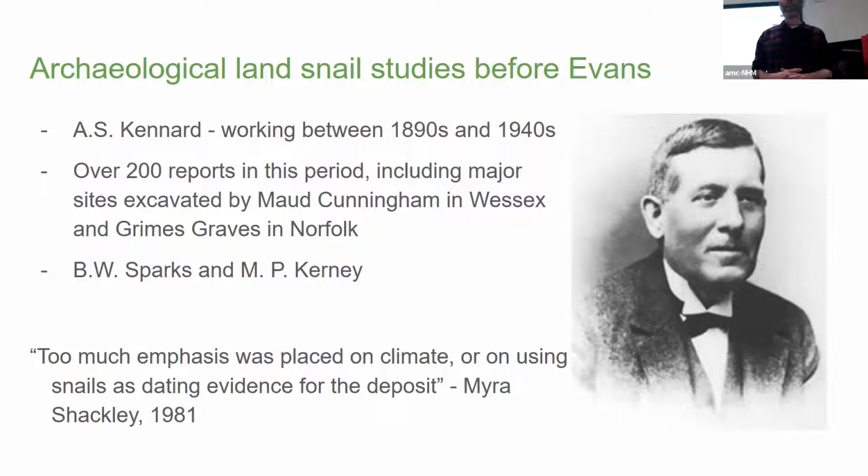Over a 50-year period, he was able to get hold of shells from a number of very key archaeological investigations, such as those carried out by Maud Cunnington in Wessex, famous sites like Woodhenge, and at Grimes Graves in Norfolk as well, where his interpretation was very important because there was some debate about the age of the features at the time, and he was able to demonstrate that it was post-glacial.